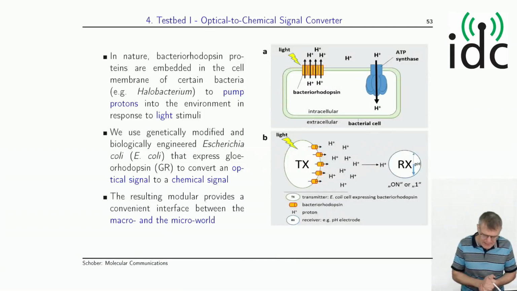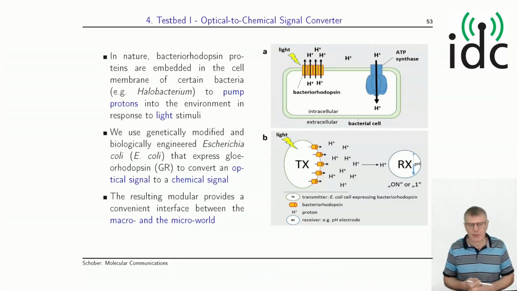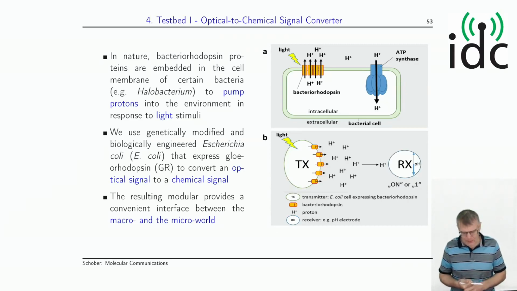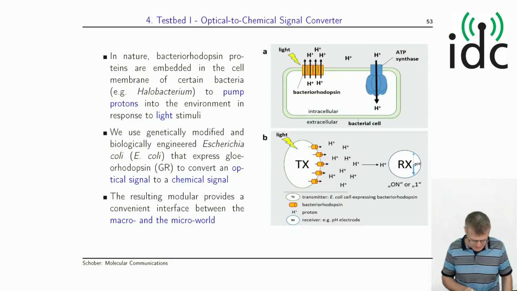So to give you an idea of what such experiments could look like, I want to report a little bit about the two test beds that we have here at FIU. The first test bed is a biological test bed, and is basically an optical to chemical signal converter. It exploits so-called bacteriorhodopsin proteins, and those proteins occur in nature in the so-called halobacterium.